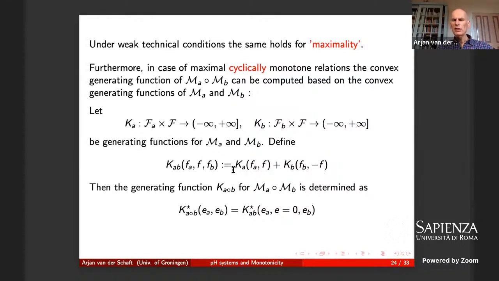Then we take the convex conjugate of this, put E equal to 0, and take the conjugate again, and eventually we get this function. By the way, this is a nonlinear analog of taking Schur complements, or at least I think this is a useful analogy.